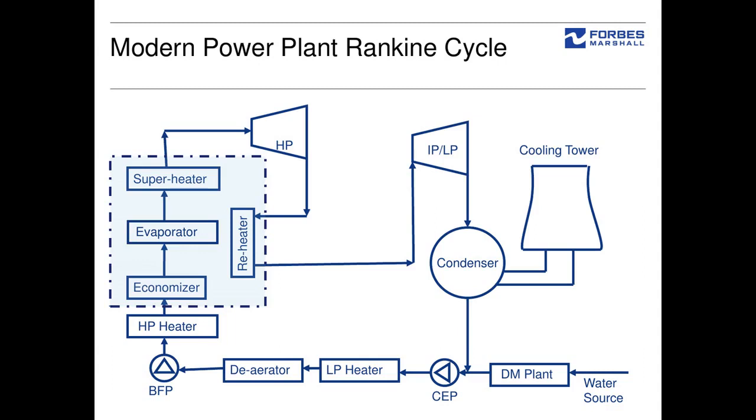Also, you can see that LP heater, deaerator, HP heater and economizers are introduced, which ensures that heat is added in steps, and pressure is also increased in steps to ensure that all heat is recovered and used for converting into power.